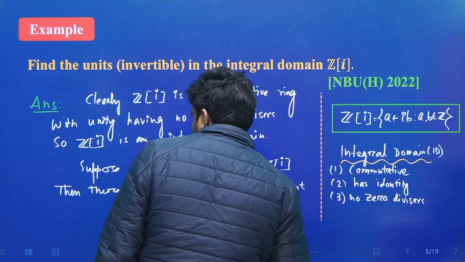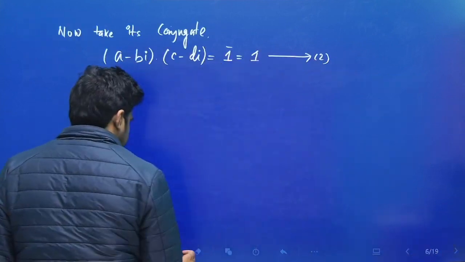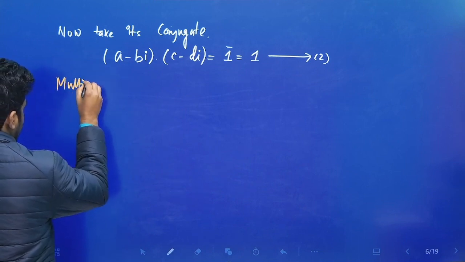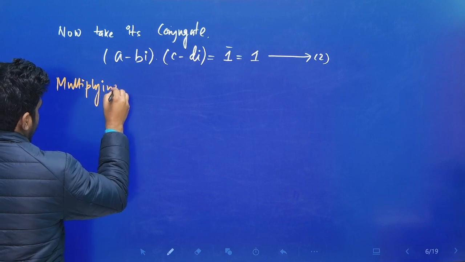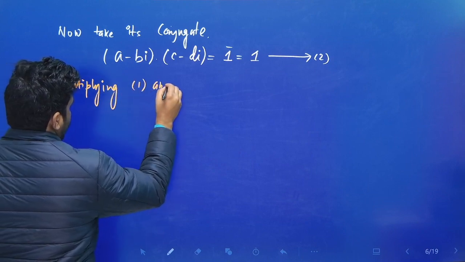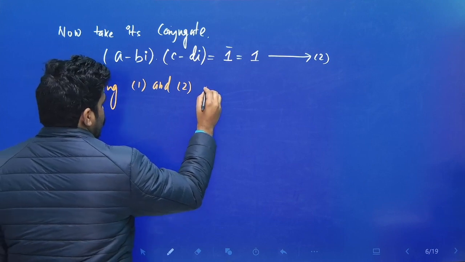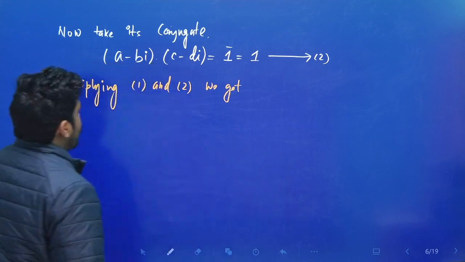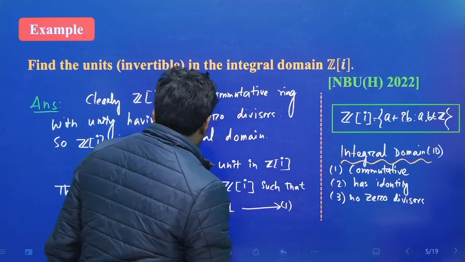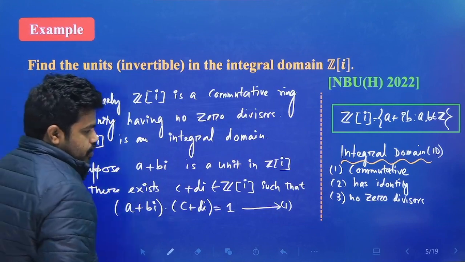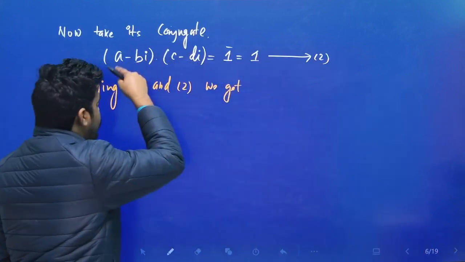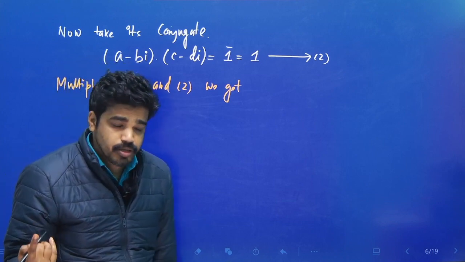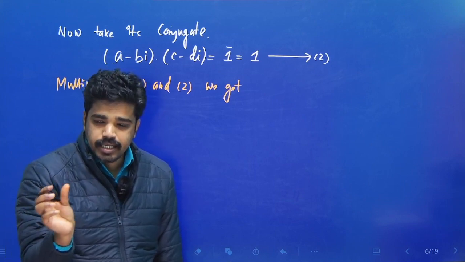Now multiplying 1 and 2, we get a plus ib into a minus ib, that means a square plus b square, and c plus id into c minus id, that means c square plus d square.